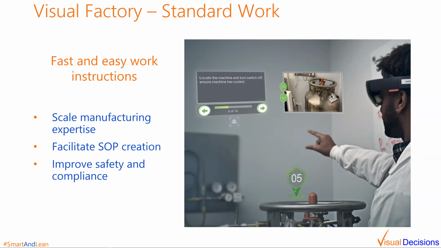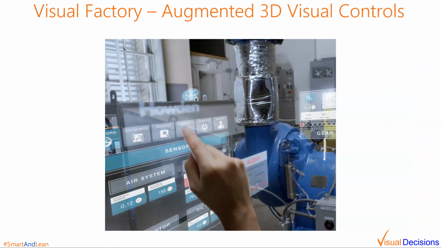Standard work, and how do you both communicate standard work and track deviations to standard work and so forth. The combination of the augmented reality plus the Internet of Things, and being able to pipe that Internet of Things information directly into the glasses, makes it very easy to both communicate the standard work and then track how people are performing against that standard work as well. Augmented 3D visual controls.